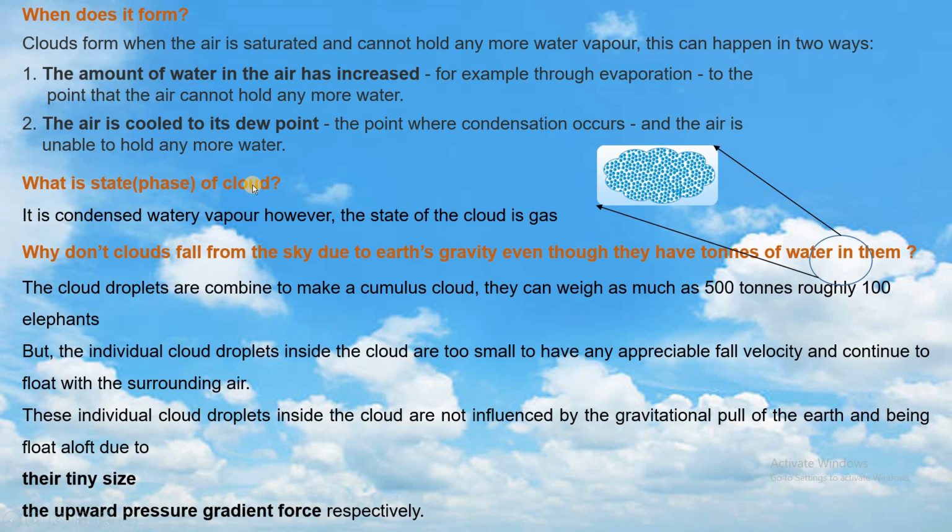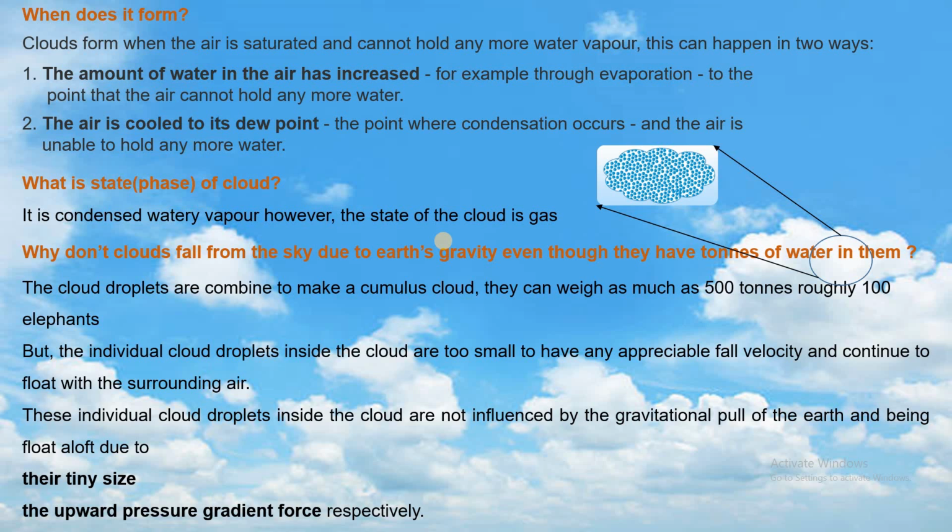Because once, by the process of condensation, the tiny droplets of water or ice crystals are formed, these are very, very tiny in size. They can't fall down from the sky due to the influence of gravity, because they are that tiny in size. That's why we call it simply a gas.